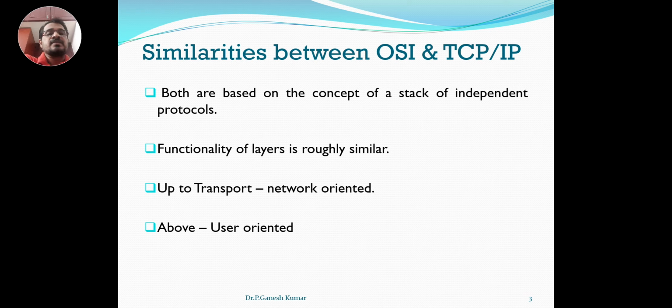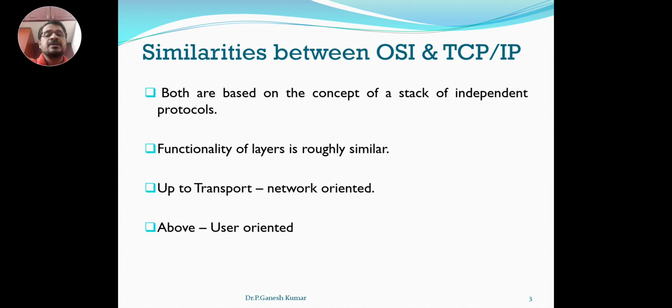Both are based on the concept of a stack of independent protocols. Both the OSI and TCP/IP reference models have a stack of multiple layers. For example, OSI consists of 7 layers and TCP/IP consists of 4 layers. Each one has a stack of independent protocols.